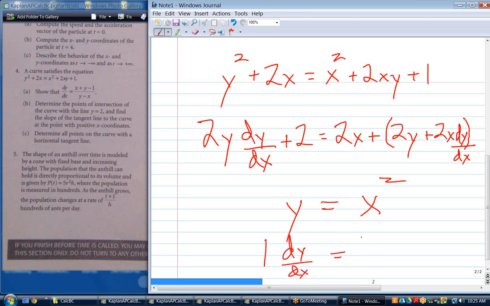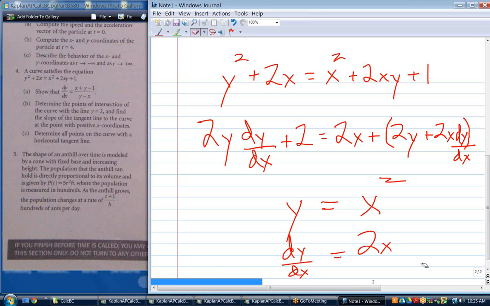The right side is 2x times dx dx. Well, I don't need the 1, and I don't need that. So that's explicit differentiation, which is the same as implicit differentiation in essence, is what I'm saying.